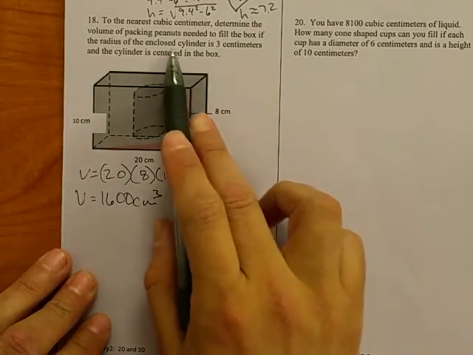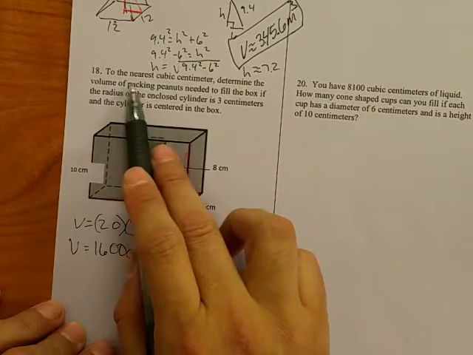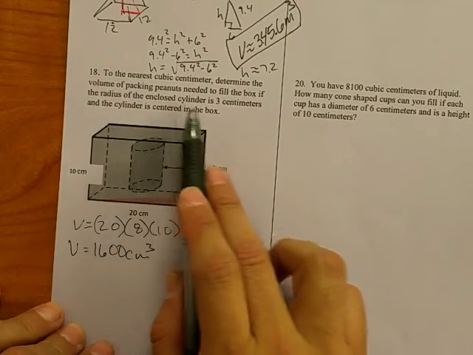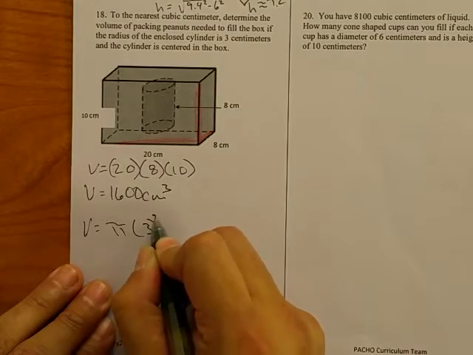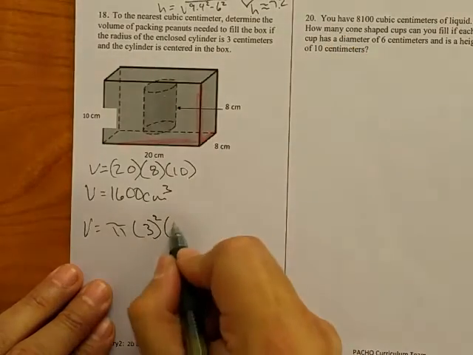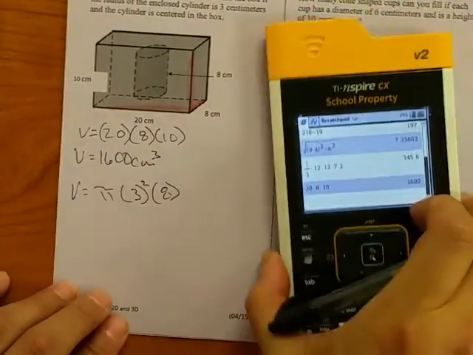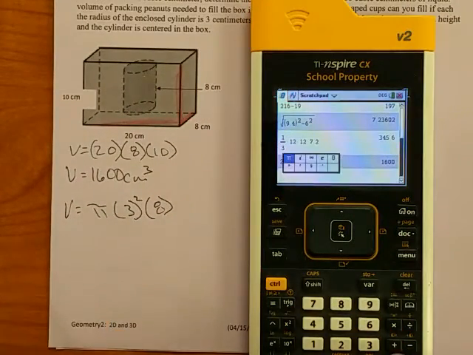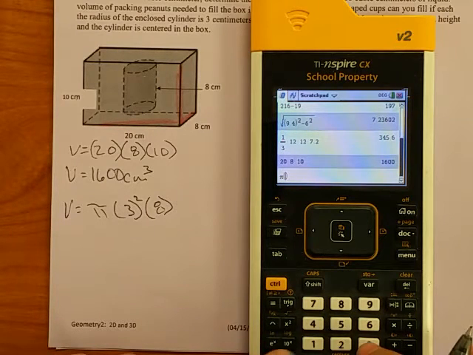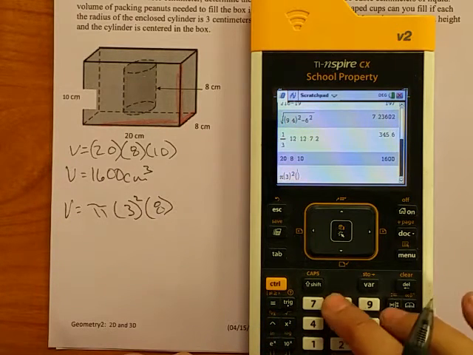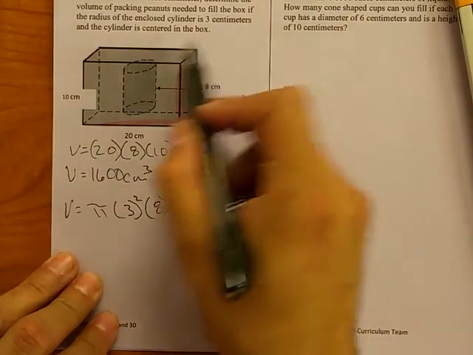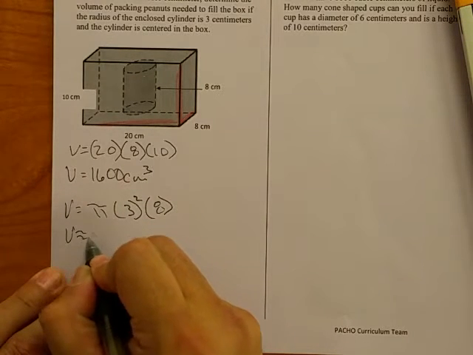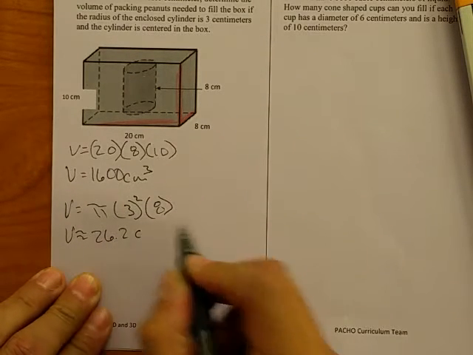And then I'm going to do my cylinder on the inside. It says determine the volume of the packing peanuts, and the radius of the enclosed cylinder is 3 centimeters. So I know the radius, so volume for the cylinder is going to be pi, r is 3 squared, and the h is going to be 8. So pi times 3 squared times 8, I'm sorry, 226.